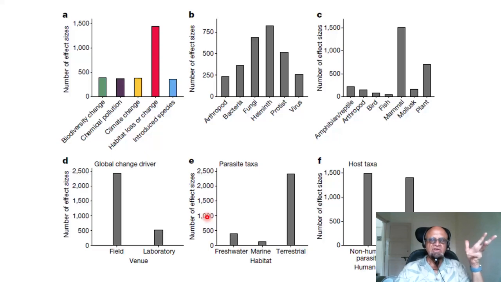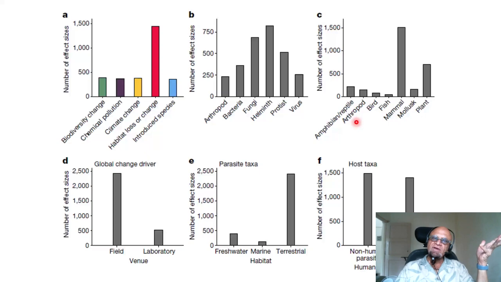So the papers report on various topics like biodiversity change, and habitat loss or change is always an attractive target because you have lots of satellite data to do these sorts of things, and then you have various other reasons why you have certain animal species, disease subjects that are being looked at.